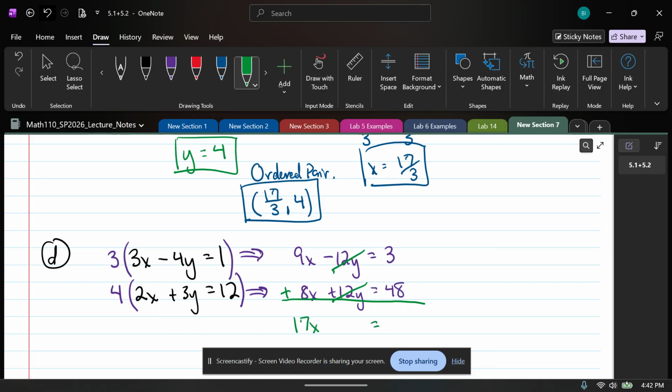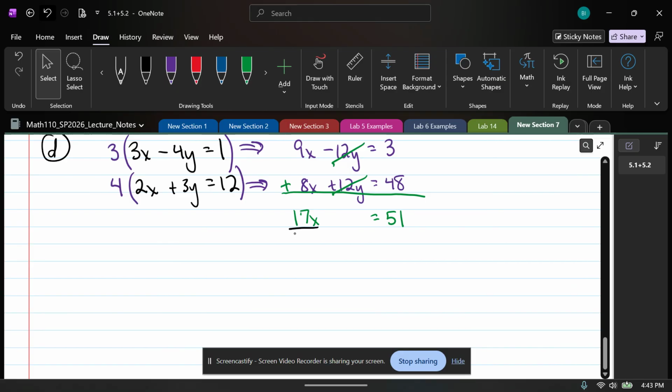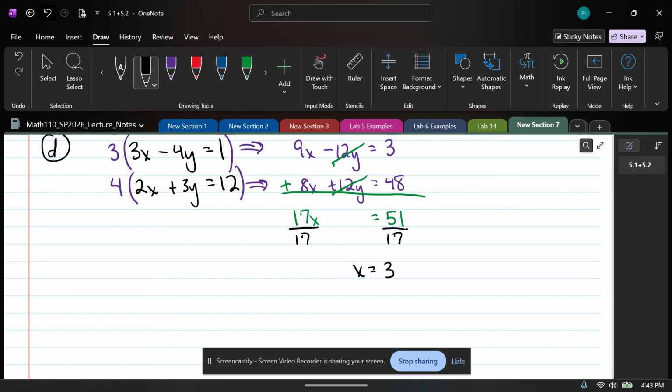What's 48 plus 3? 51. We're adding those together. Now I got a one-stepper to get x by itself. Just divide by 17. X would be 3.